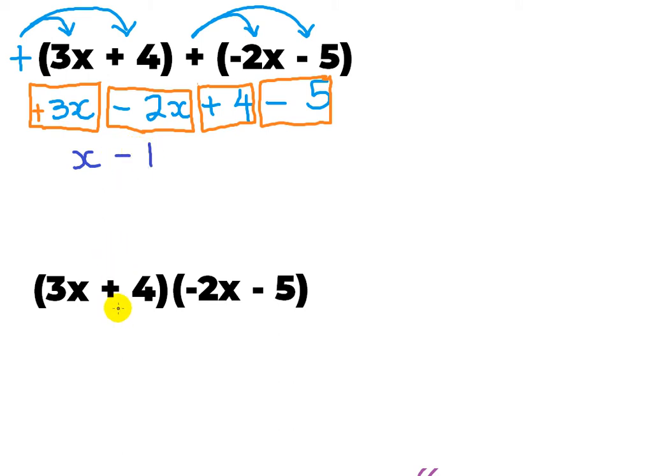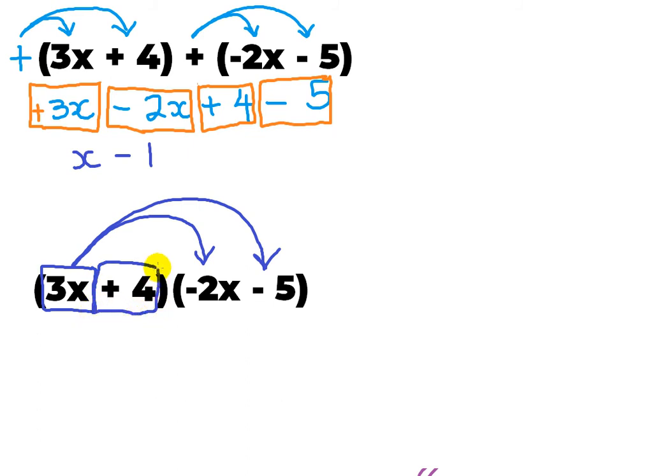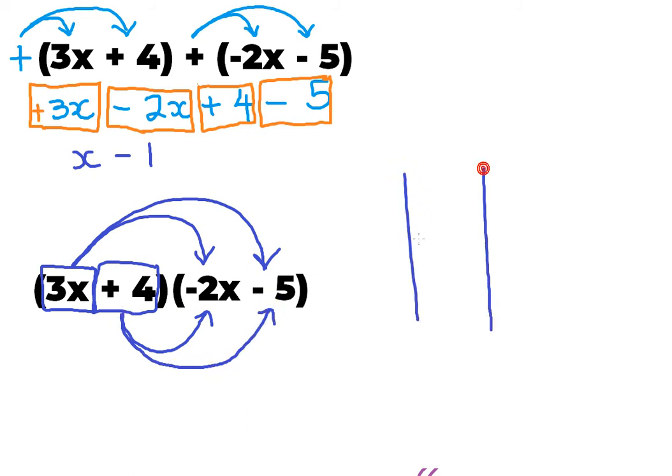All right, let's look at the next one. We do not have a sign here, so what do we need to do? This first term needs to communicate with this term and the second one, and the second term in the first bracket needs to communicate with the first and second terms. If you use the tic-tac-toe method, it might be useful; it depends on your preference.